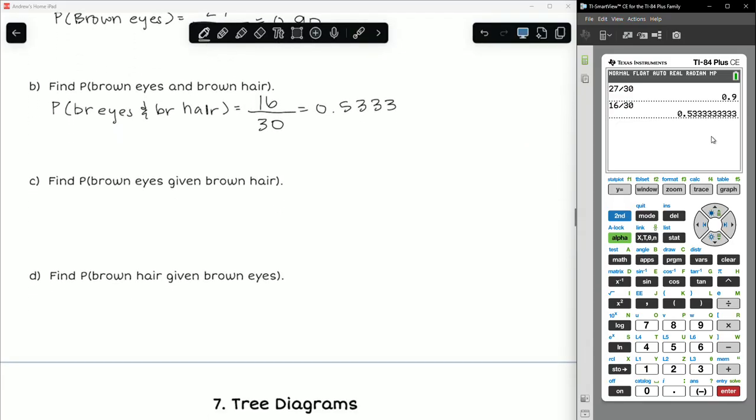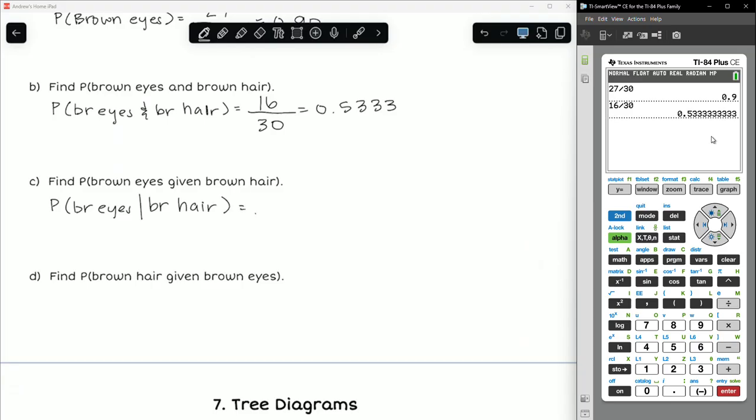The next question you'll notice is worded a little bit differently. It says find the probability that they have brown eyes given that they have brown hair. So P of brown eyes given brown hair.